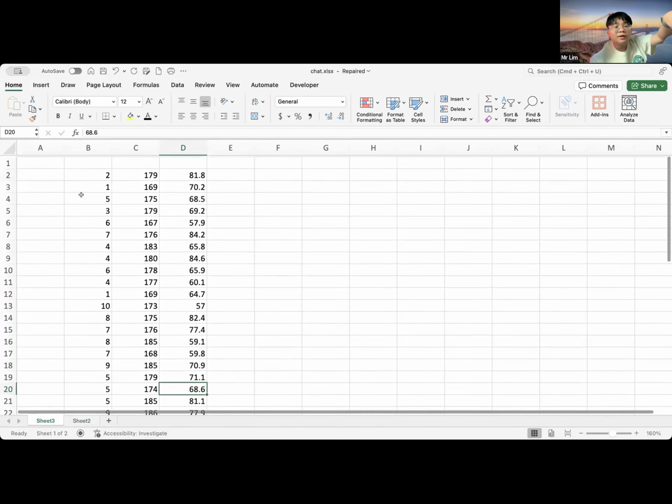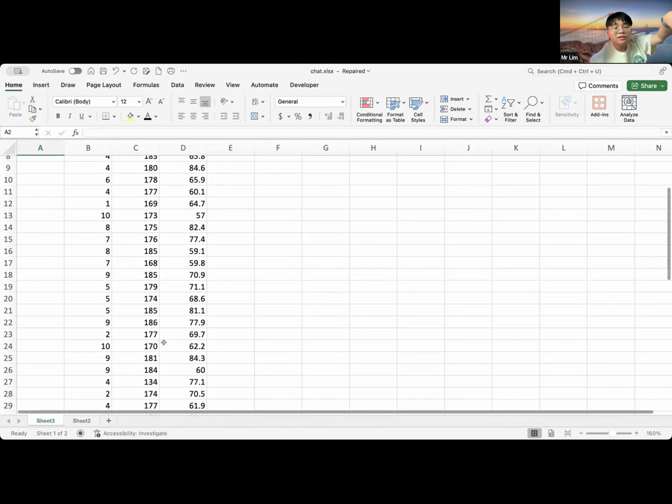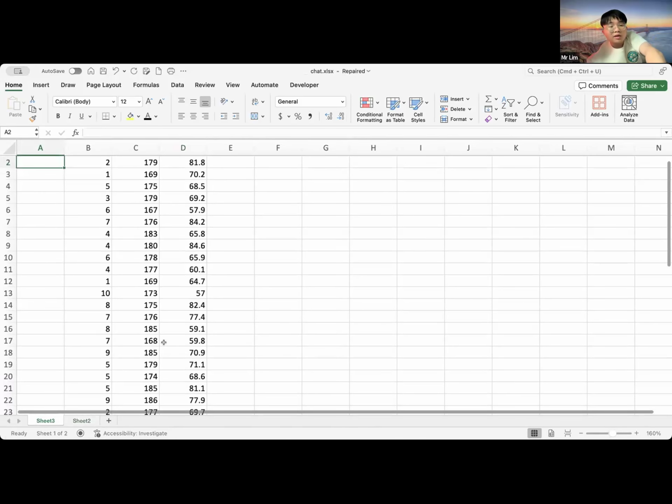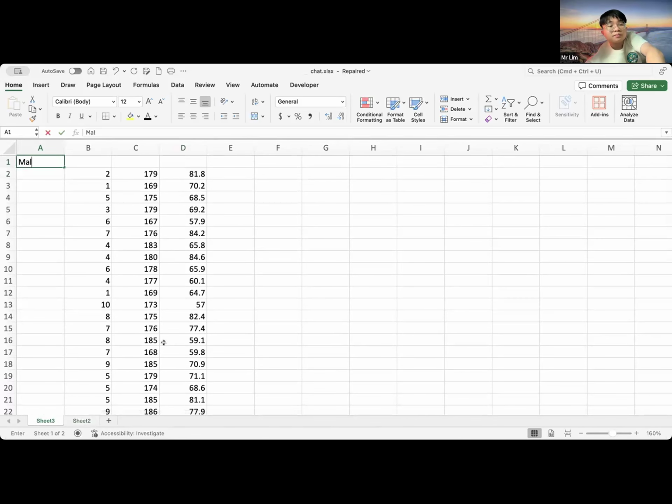I guess this one is male because all heights are quite tall. So this is male. And this is the number of hours exercising per week.